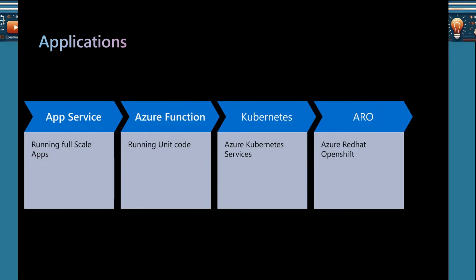Again, multiple Lego pieces. If you are using open source, or you want to use Microsoft technology, you want to run Python, C#, JavaScript, whatever options you have, you can run it based on your use case. Now, anyone know what this terminology is? That's ARO, Azure Red Hat OpenShift. If you want to use OpenShift, you can use that as well.